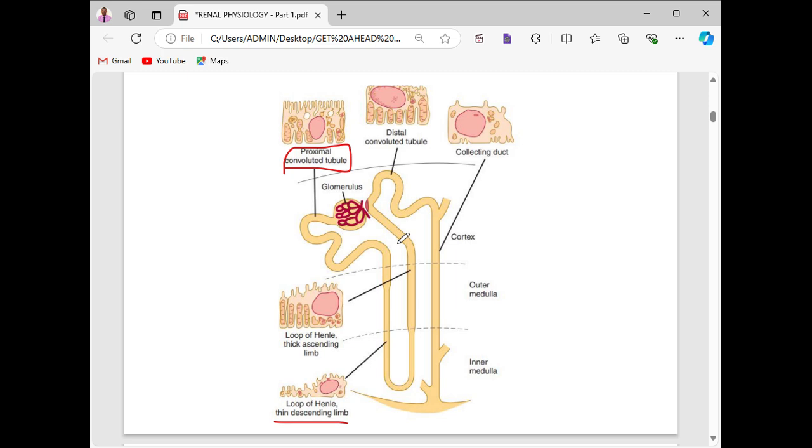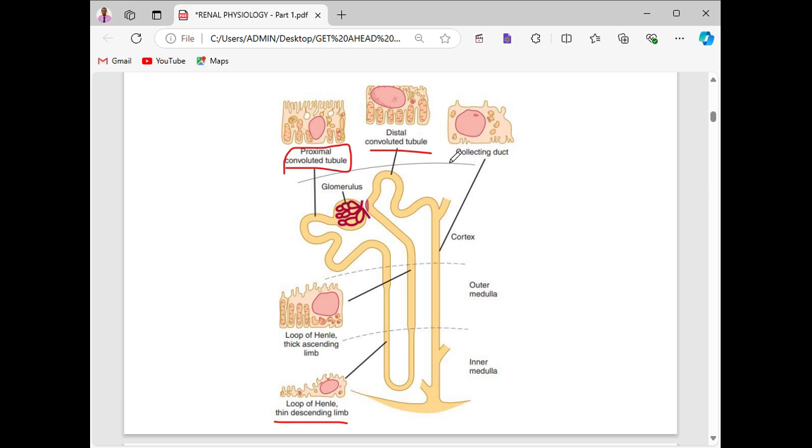Then from there we have the distal convoluted tubule, and other books say we have the collecting tubule, which just connects the distal tubule to the collecting duct.